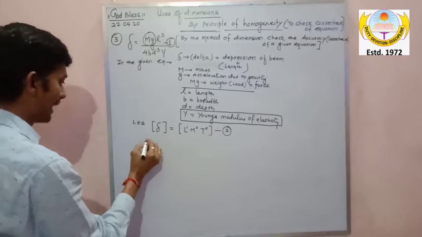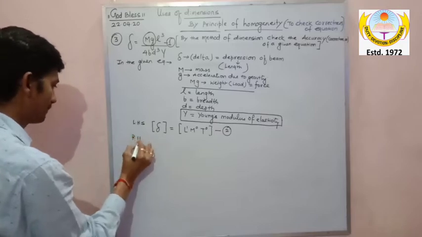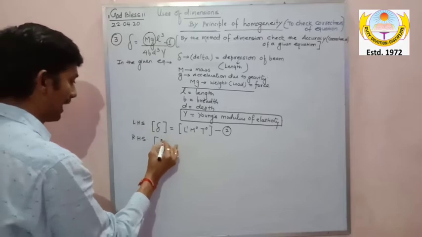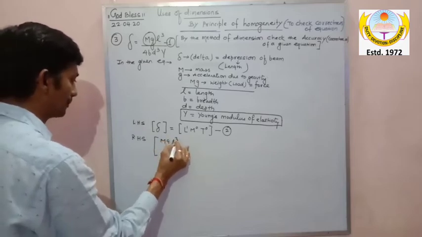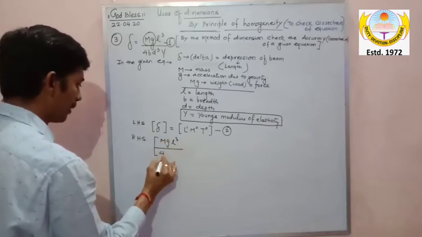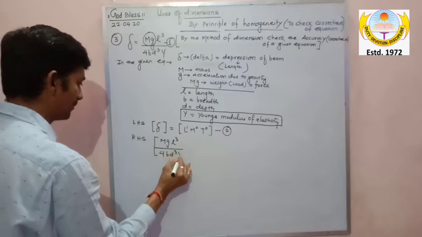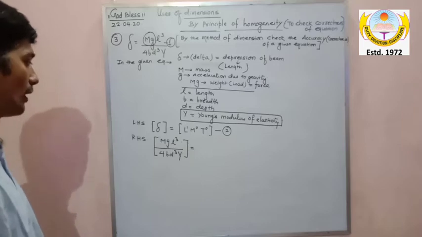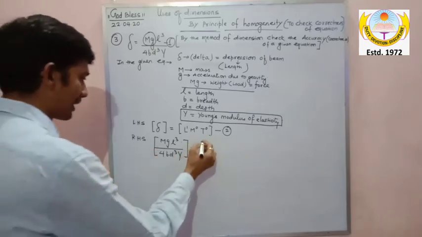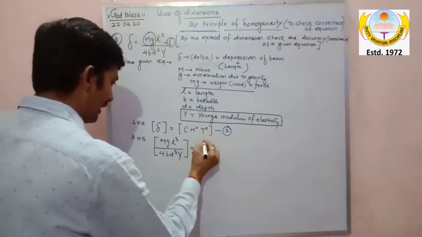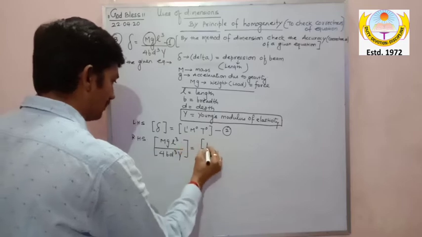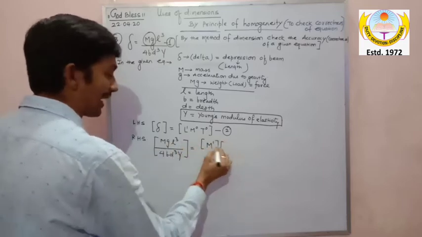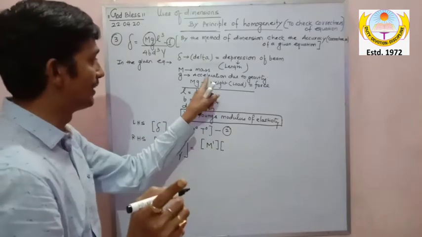On the right hand side there is a big term, mgl cubed upon 4bd cubed y. Here I will substitute the dimension of m, that is M power 1, and the dimension of g, acceleration due to gravity.